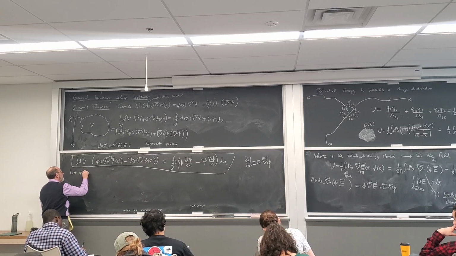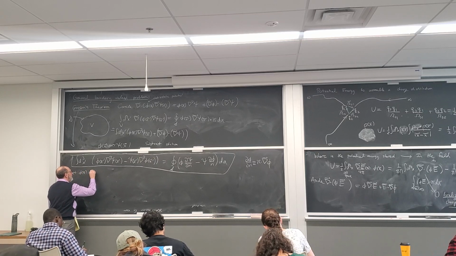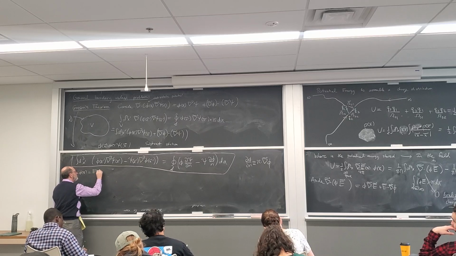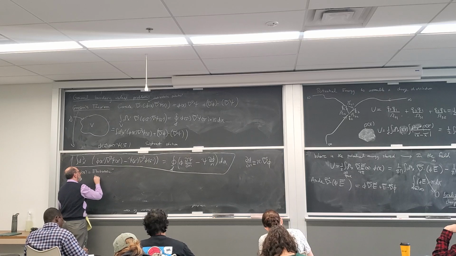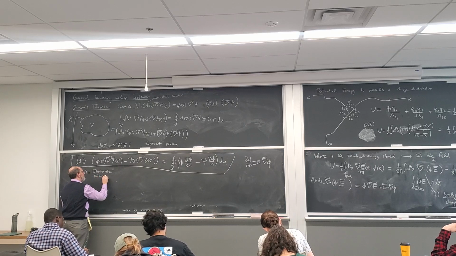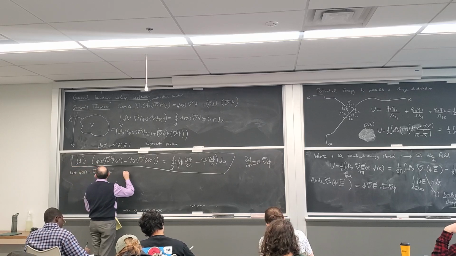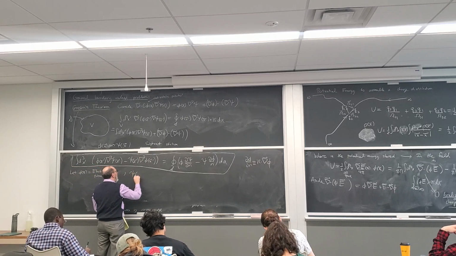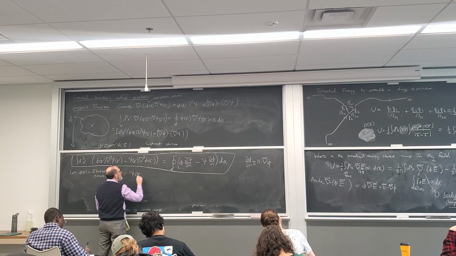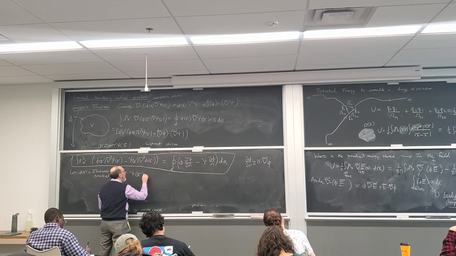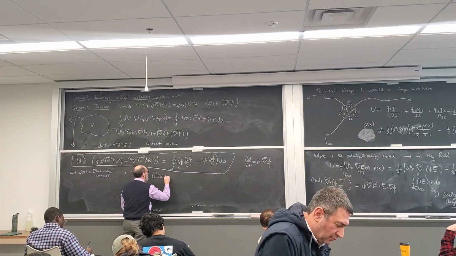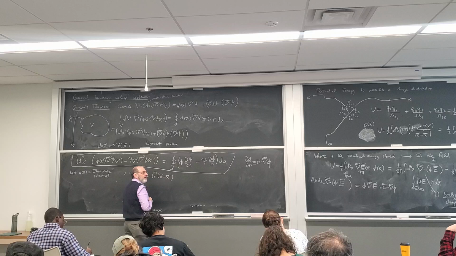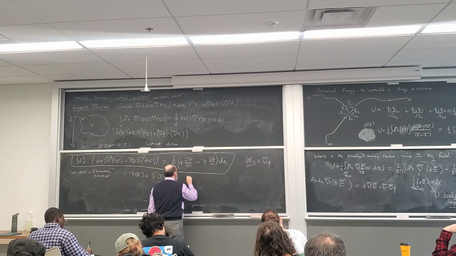But now I'm going to let phi be the electrostatic potential, and let psi of x prime equal the Green's function for some position x.